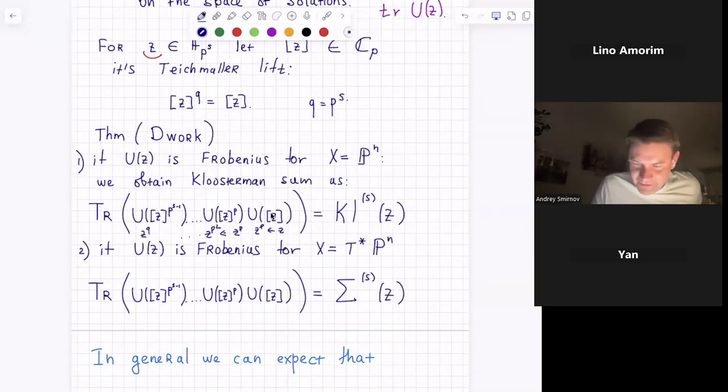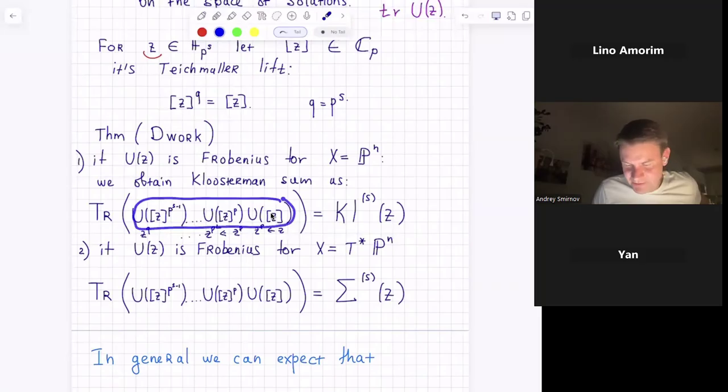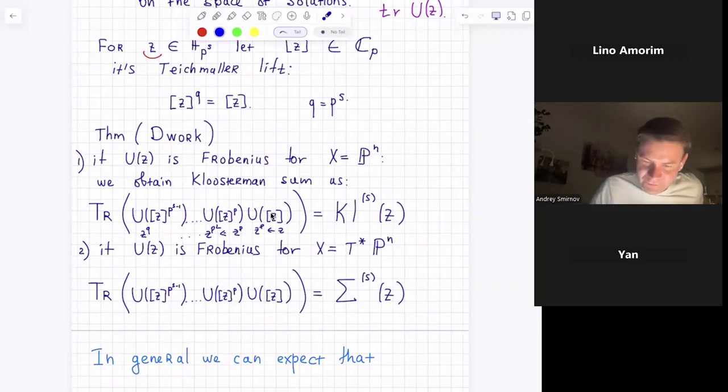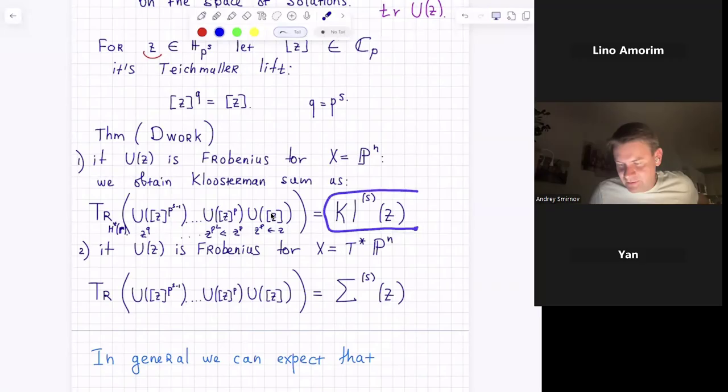And then using this property, this product of Frobenius intertwiners is an automorphism of a certain space of solutions. So it makes sense to take its trace, again over the cohomology of P^n. And then the theorem is that this is exactly the Kloosterman sum associated with q.